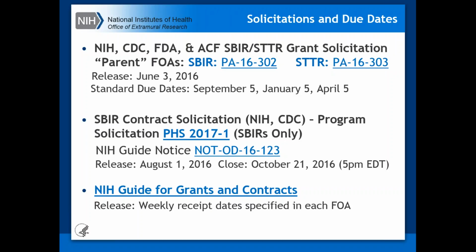One of the things you should also be aware of, if you're looking for funding opportunities, is the NIH Guide for Grants and Contracts. Basically, it provides weekly receipt dates specified in each FOA. It provides funding opportunities of individual SBIR and STTR FOAs, as well as other opportunities that the NIH offers with respect to funding research.